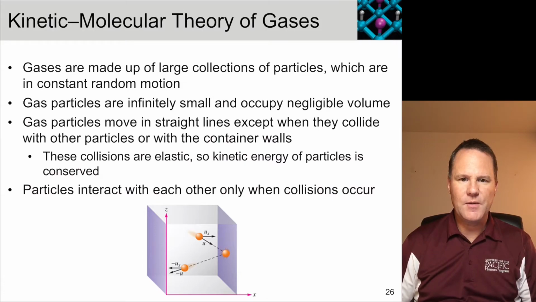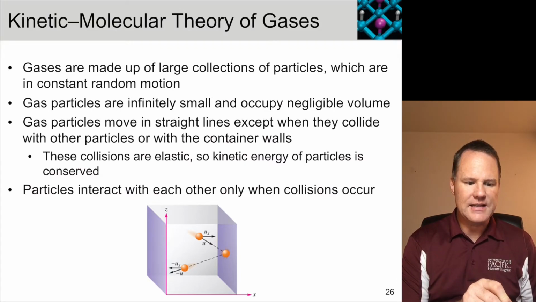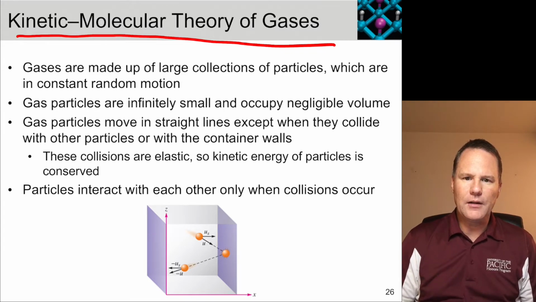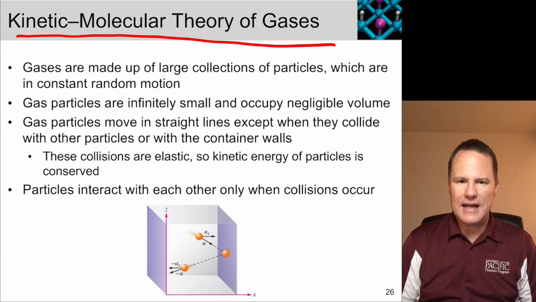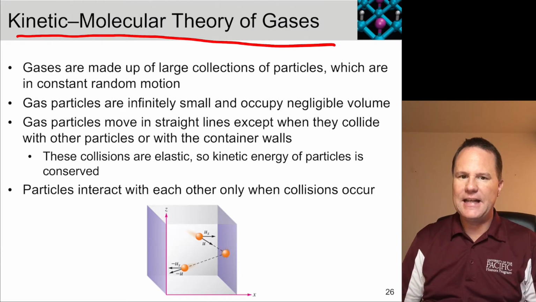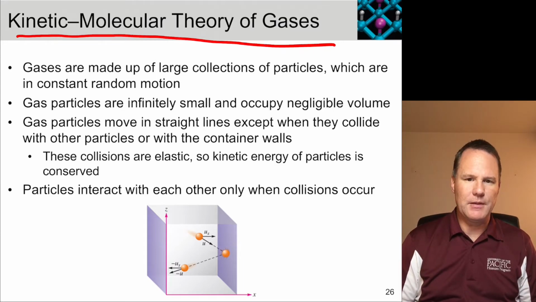Okay, so this was found by experiments. But what is the physical basis? What's the theoretical basis to this? And that leads us to the kinetic molecular theory of gases. That theory tries to describe how we think the gas molecules behave, what the physics behind it is, and then tries to arrive at the same formula that we came to from experimental data.